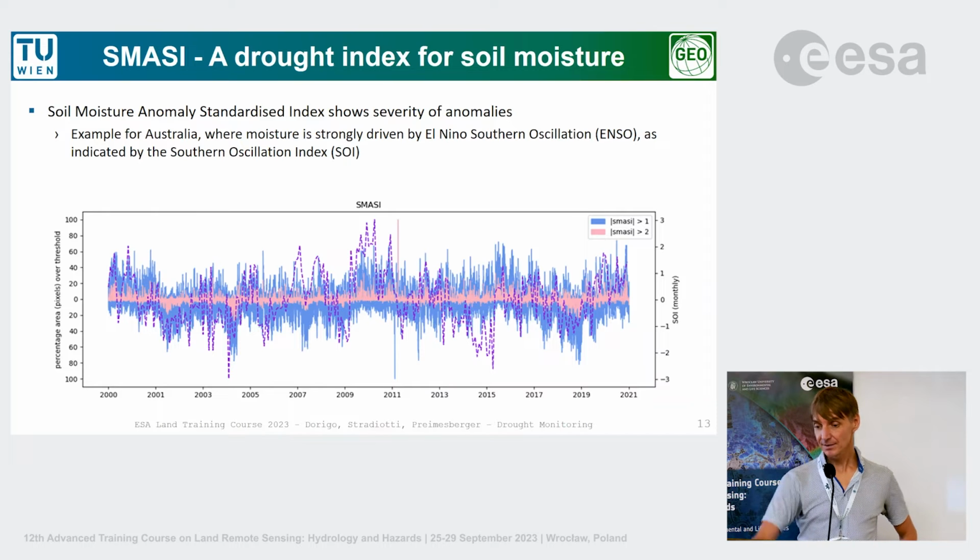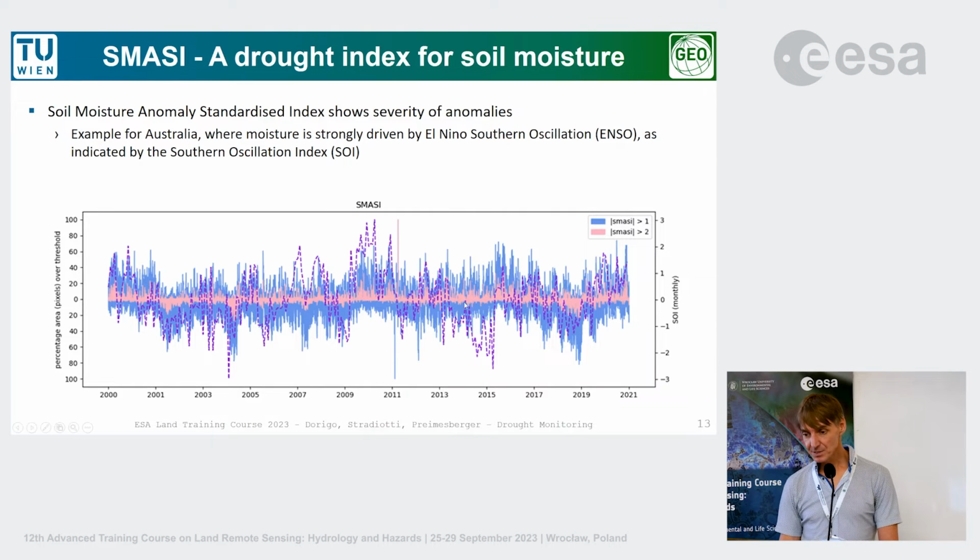And on top of that, the purple dotted line is the Southern Oscillation Index. That's an indicator of ENSO conditions, El Nino and La Nina. High values indicate La Nina conditions, and low values of this SOI indicate El Nino conditions.